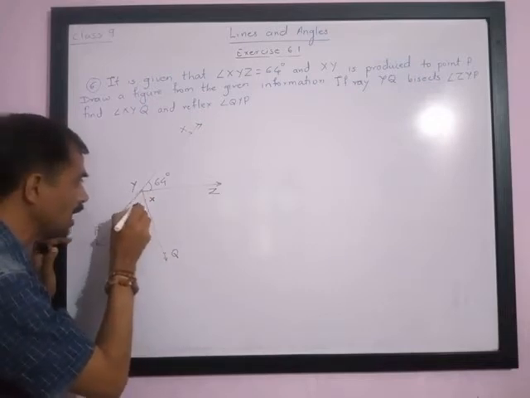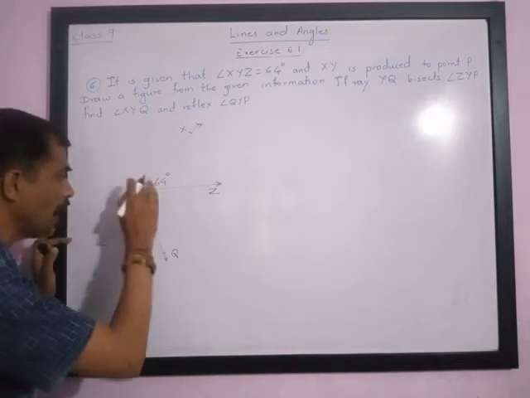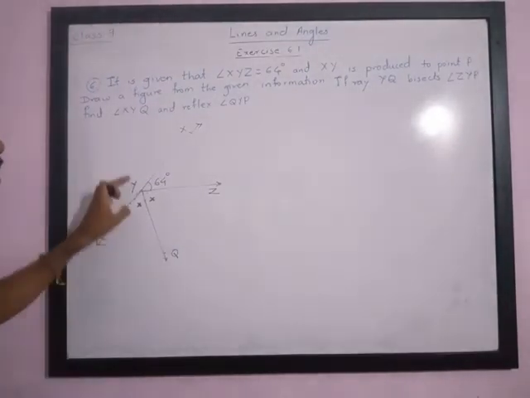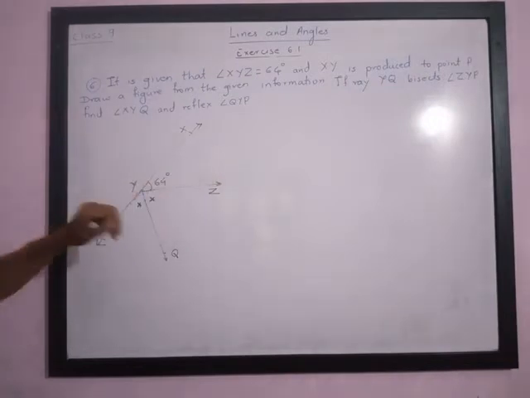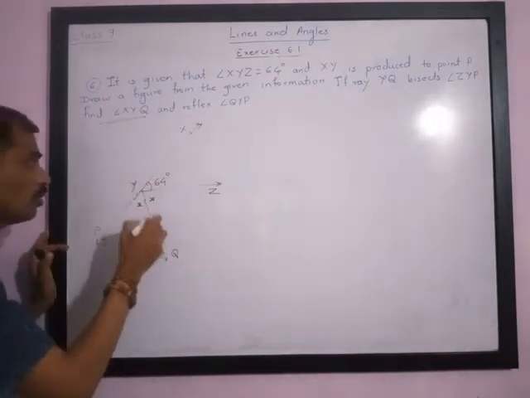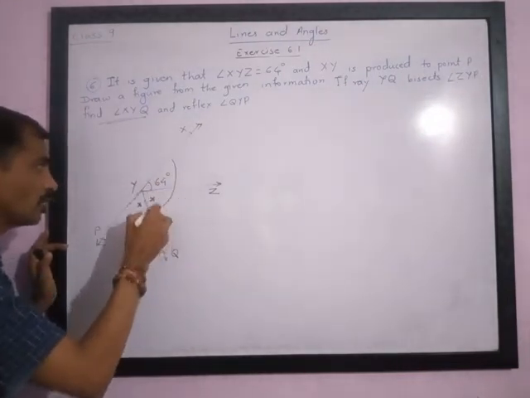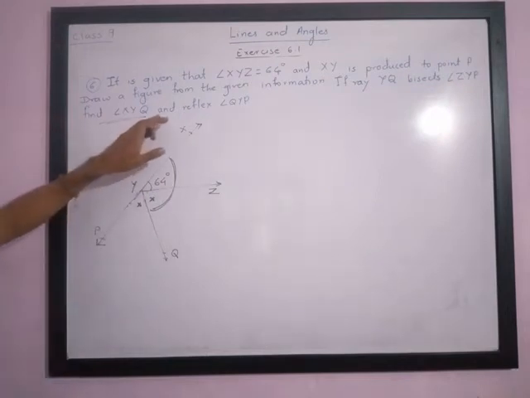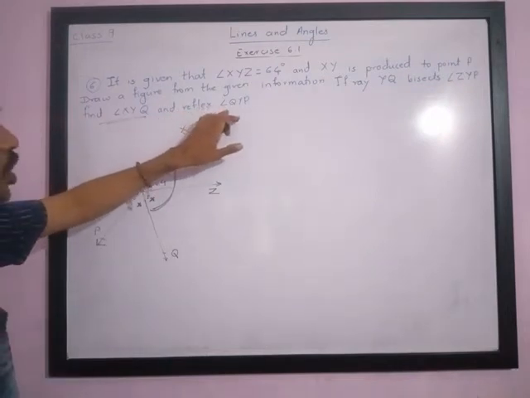This angle and this angle are equal. So ZYQ and PYQ are congruent angles, or equal angles, since YQ bisects ZYP. We are asked to find XYQ, that is, this total angle X, Y and Q. We are also asked to find reflex angle QYP.